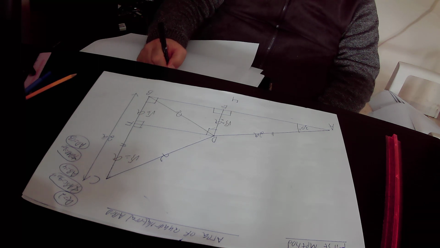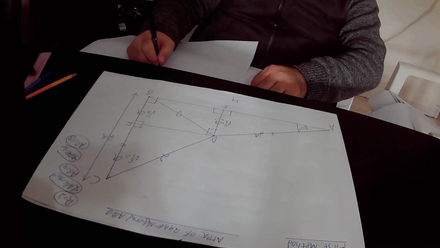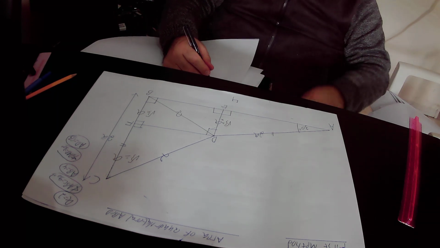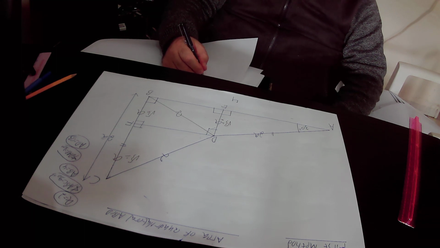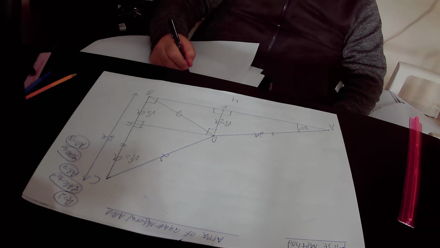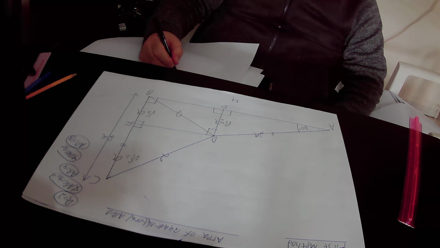According to the Pythagoras theorem, the square of the hypotenuse equals the sum of the squares of the perpendiculars, that is to say, DE squared plus EB squared equals DB squared.